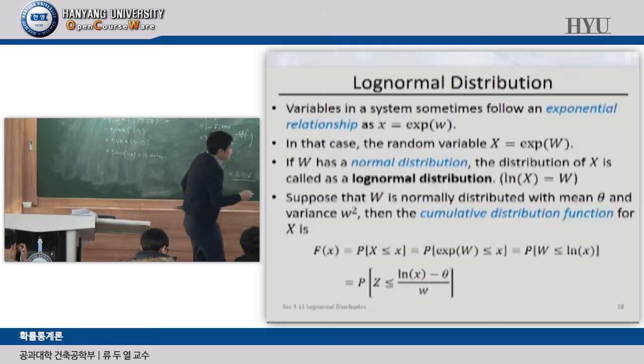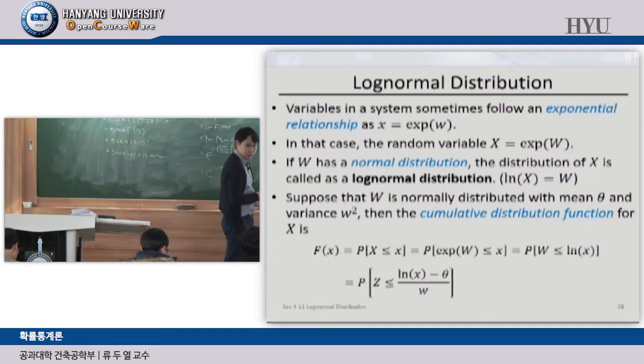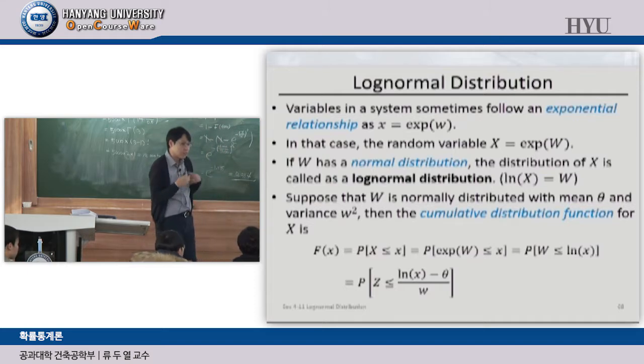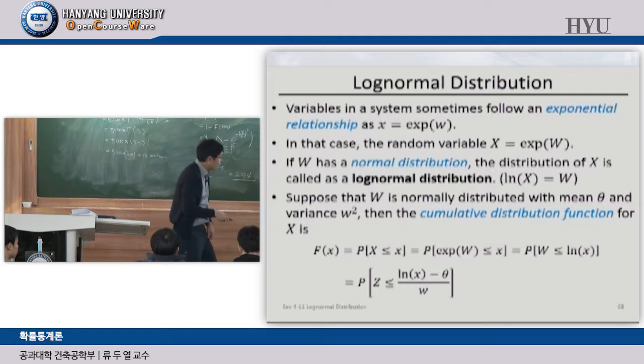And W has a normal distribution, which means that we can use the appendix table when we use the standardizing method, right? So, if we change the W to the standard normal random variable Z, that can be smaller than or equal to ln x minus the mean.